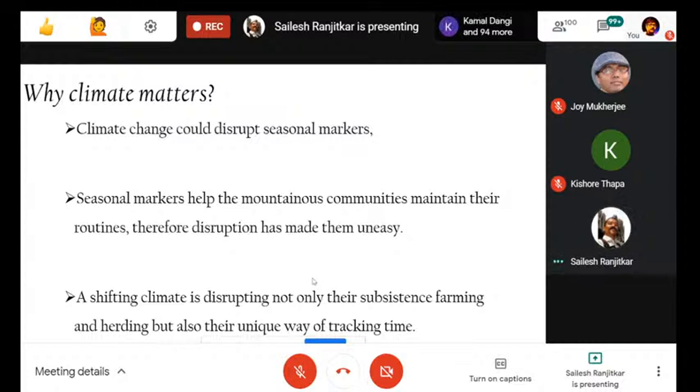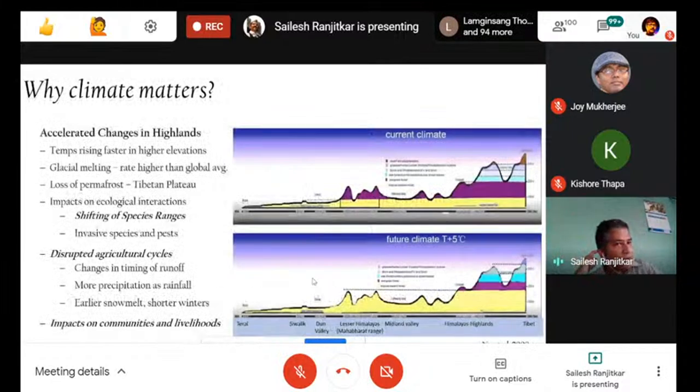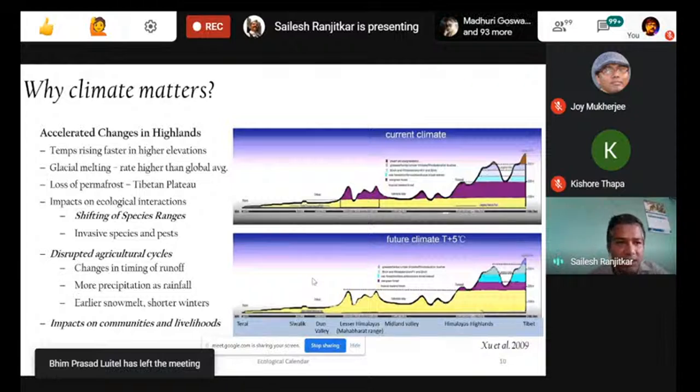A shift in the climate is disrupting not only their subsistence farming, but also the herding and the unique way of tracking time that they have developed over a long time. So if we check these Asian highlands, we can see temperature rising faster at higher elevation.